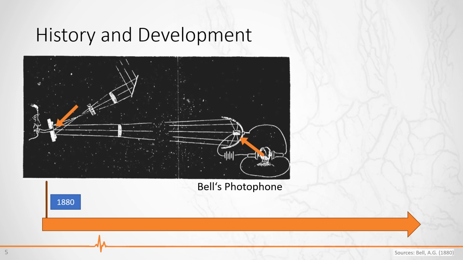Bell used a selenium receiver, a material that has the advantageous characteristic that it converts temperature directly into resistance. Thus, the optical signal is translated back into an electrical signal, which then again can be used to transform it back to an acoustic signal by a speaker.